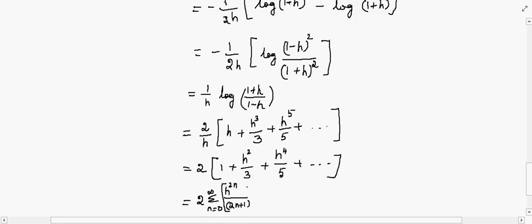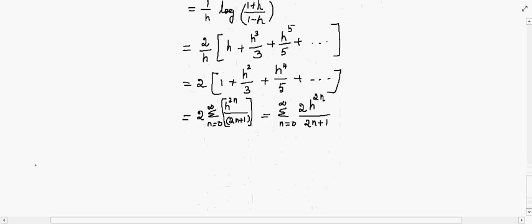Now you can take this 2 also inside, so we can write sigma n equal to 0 to infinity 2 h power 2n divided by 2n plus 1. Now equating the coefficients of h power 2n on both sides.